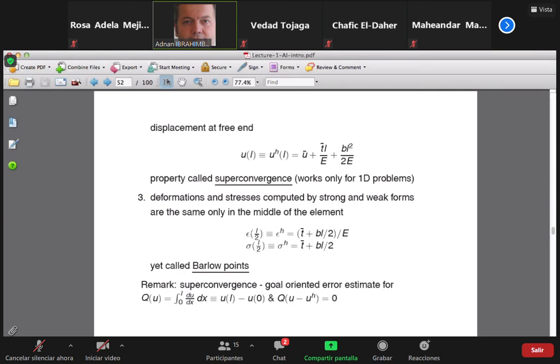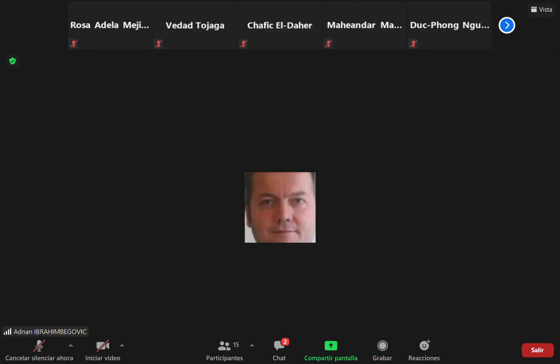These are so-called Barlow points, and all these values are called superconvergence properties.